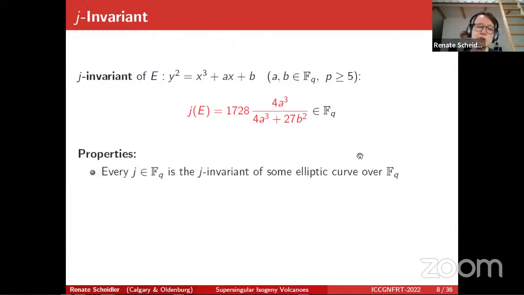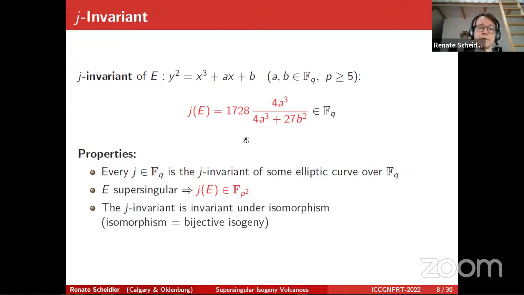And what's important about the j-invariant? Firstly, every j-invariant in F_q is the j-invariant of some elliptic curve, and it's very easy to write down an elliptic curve with that j-invariant. Secondly, in the supersingular case, the j-invariants are actually defined over F_p squared. So F_q could be a much larger field, but if you have a supersingular elliptic curve, then the j-invariants are always defined over F_p squared.